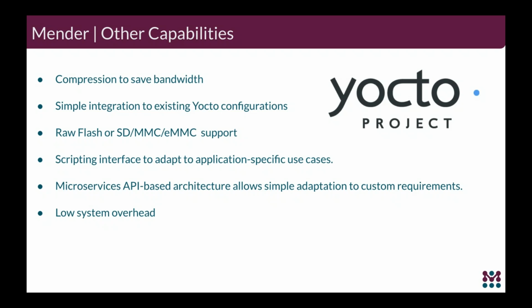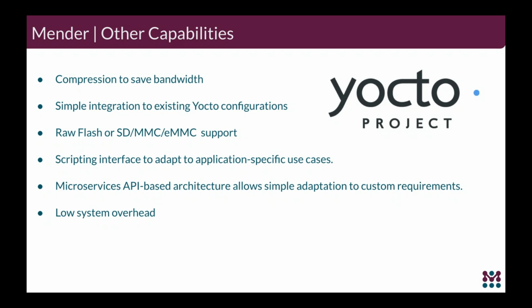So, for instance, if you wanted to do some fancy deployments to certain devices only at certain times of day and certain times of the year, or whatever your actual use case may be, you can code that up, hit the API to enumerate the list of devices, figure out which devices are appropriate, and create custom deployments for those particular devices. And finally, the Mender client is designed to have fairly low system overhead at runtime.